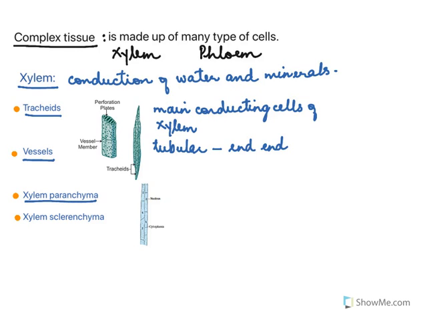Next are the xylem parenchyma, which is a parenchymatous tissue, and these are the only living cells of the xylem. All the other cells of the xylem are dead, and this xylem parenchyma helps to store food and also helps in the sideways conduction of water.